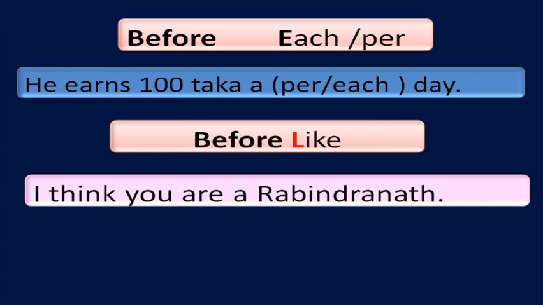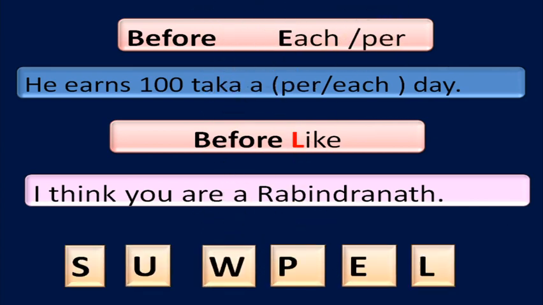Before like, you have to be careful in the second sentence. I think you are a Rabindranath. Here, Rabindranath is a proper noun, but not here. Now it's not at all a proper noun. It turns into a common noun.